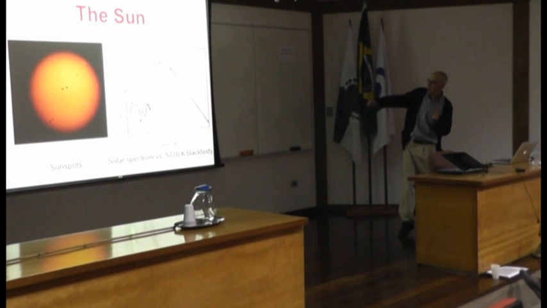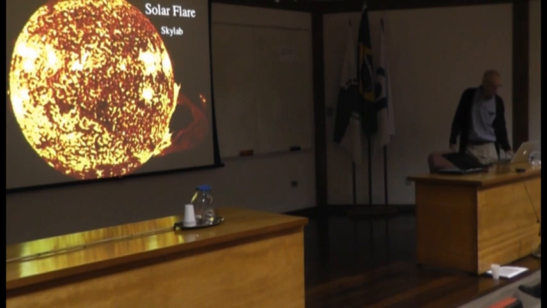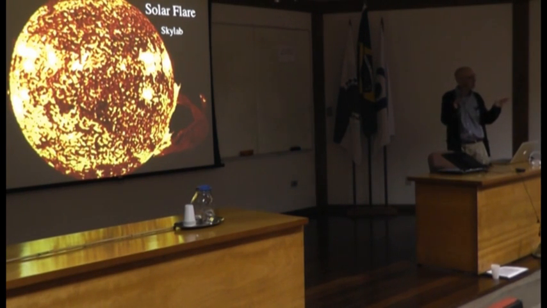I mean, a millionth the intensity in X-rays compared to visible light. This high energy in visible light is pretty uniform, the sun. Sometimes you see major sunspots, but in higher energy, you have much more variability, X-rays.